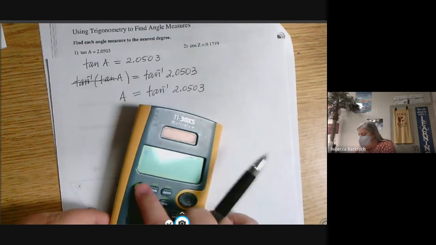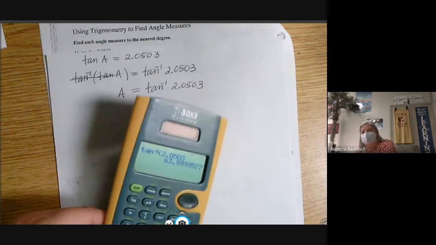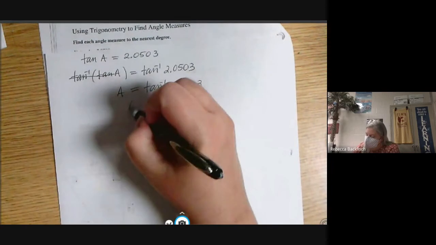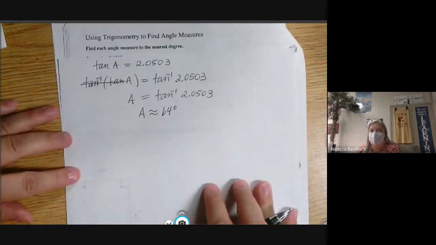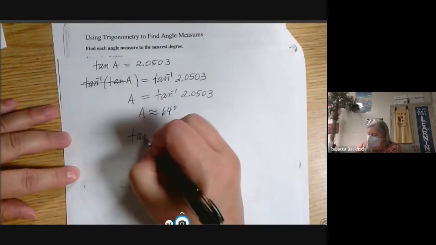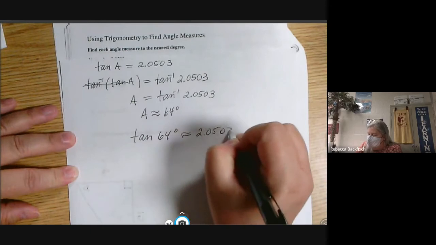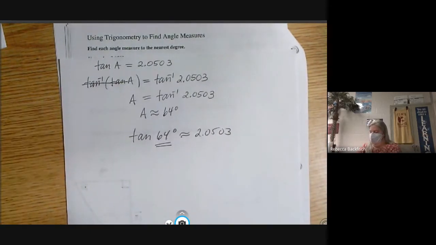So I'm going to do inverse tan 2.0503, and it turns out it was a 64-degree angle. Okay, so A is about 64 degrees. So what we just found out was that tangent of 64 degrees is about 2.0503. That's what we were finding, is tangent of what equals this? Here's the answer.